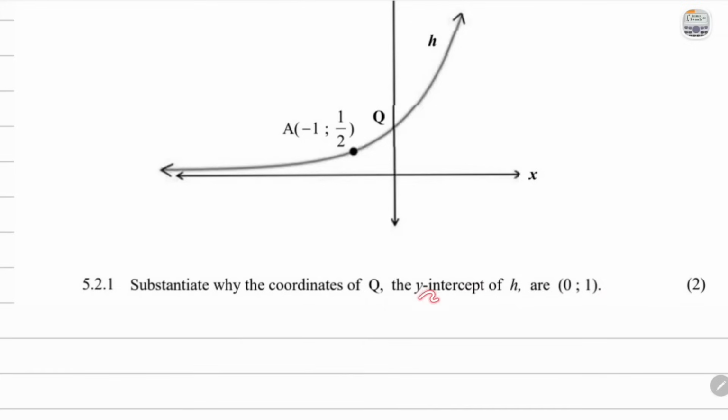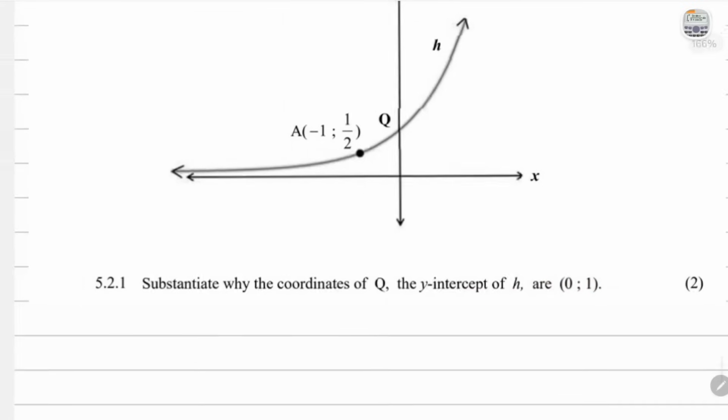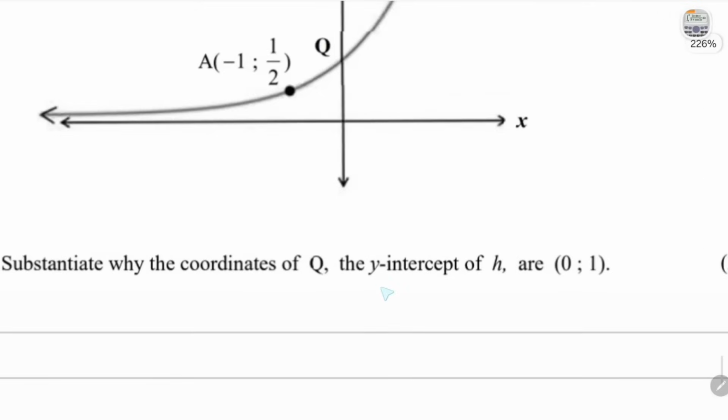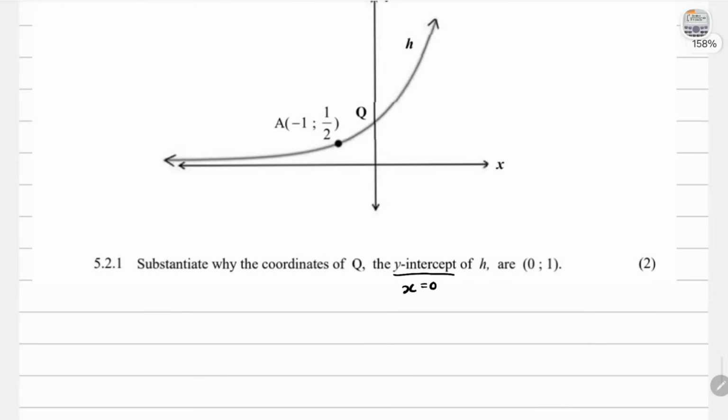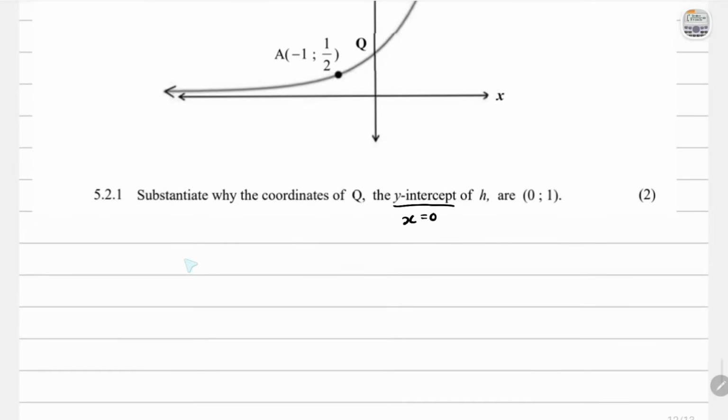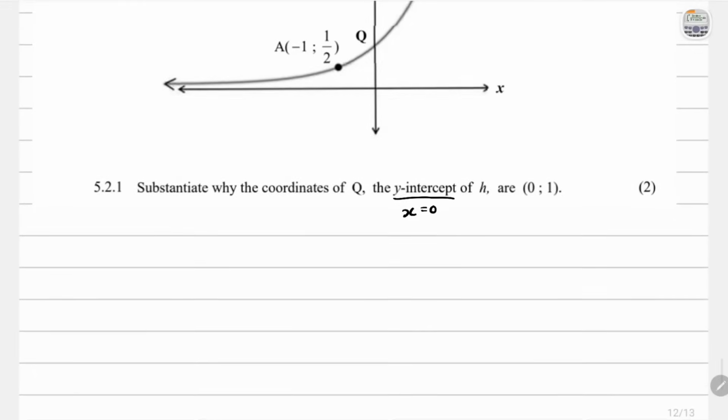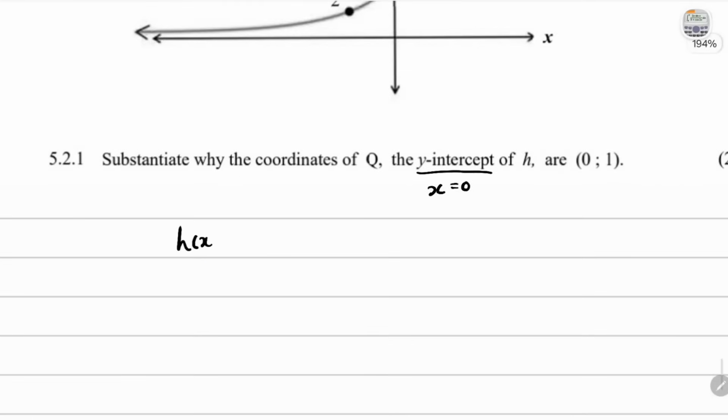Okay, so why is our y-intercept going to be 0 and 1? Well, we could just find it for them. We know that the y-intercept will be found where x is equal to 0, because it's going to be on the y-axis where x is equal to 0. So we can simply take the equation of our exponential function, h of x is equal to a to the power of x, and in place of x we substitute 0.